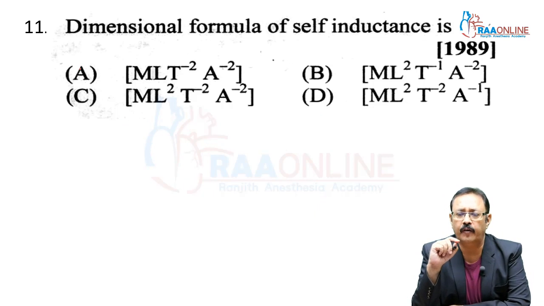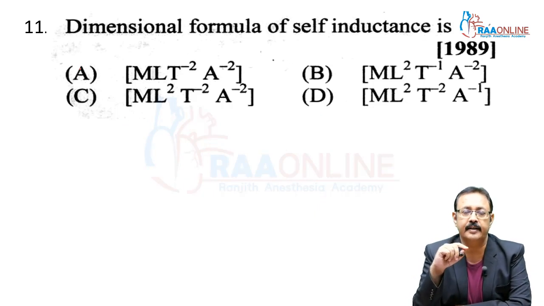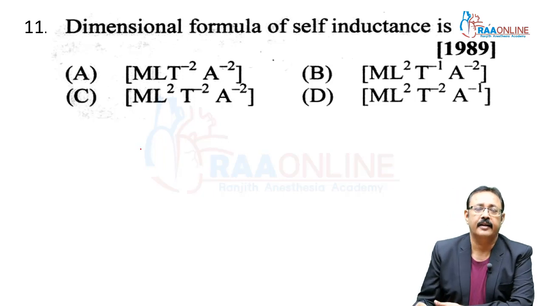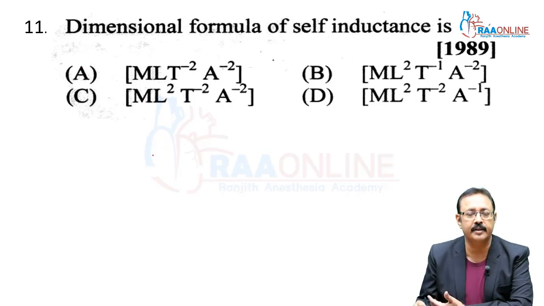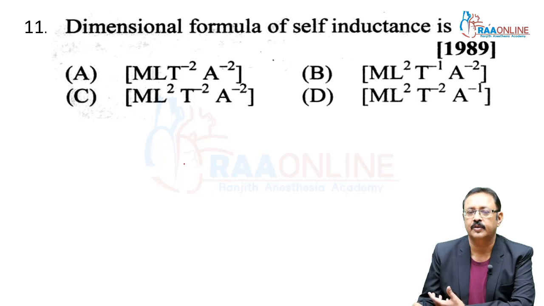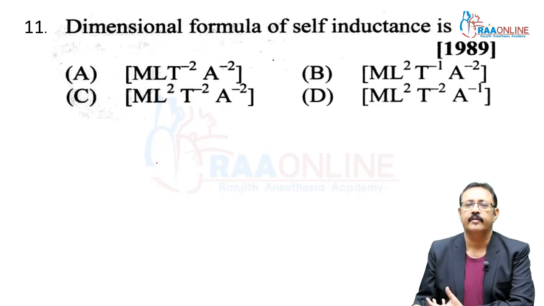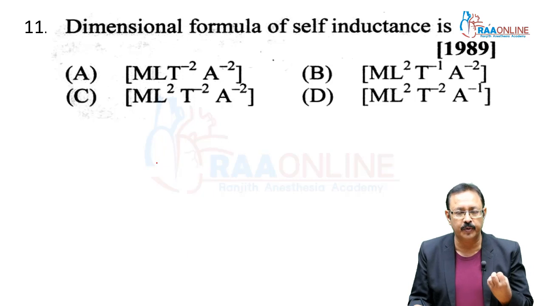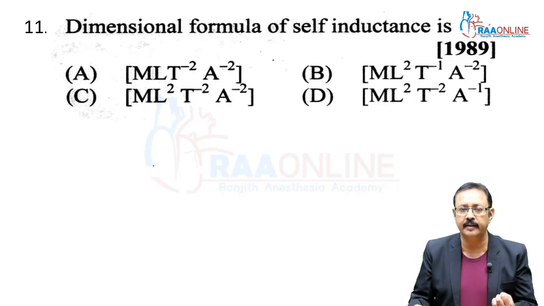Dimensional formula of self-inductance, L. Self-inductance is in the 12th class syllabus. Since you just passed 12th class, it is easy to remember that when induced current is there in an inductor, energy is stored in the magnetic field. And what is the formula for that energy?